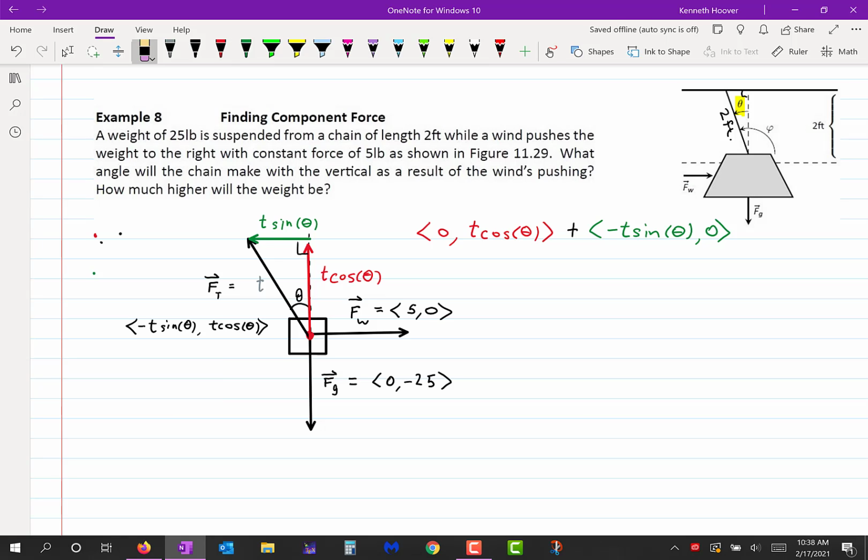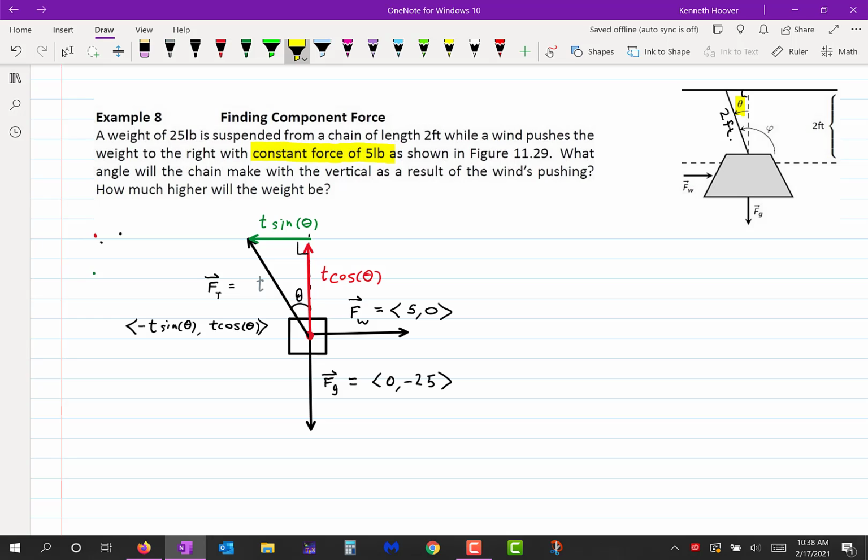And now, just like before, if the weight's not moving, now you might say, well, if the wind is blowing against it, it would be moving because it would be rocking back and forth. That's true, it would in real life. But they have said here something that's not very realistic, that the wind is constant. Wind does not work that way in real life, does it?